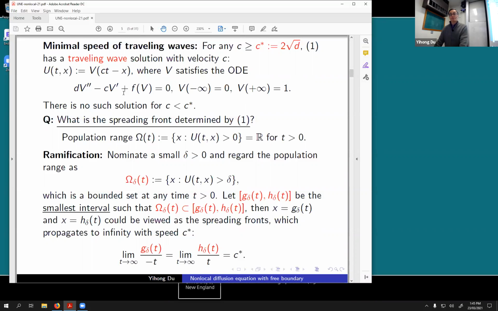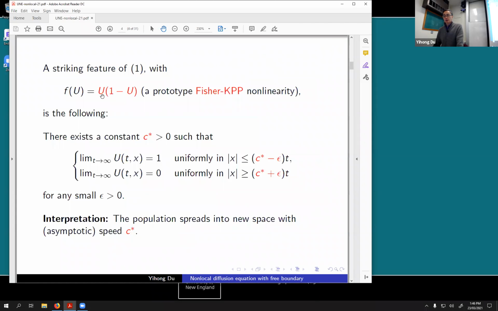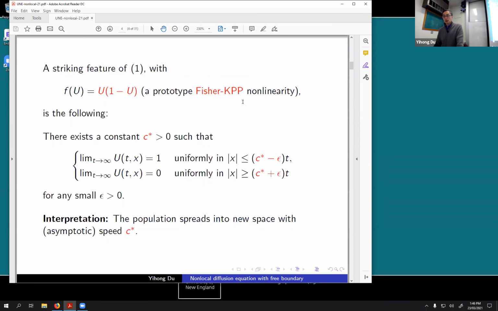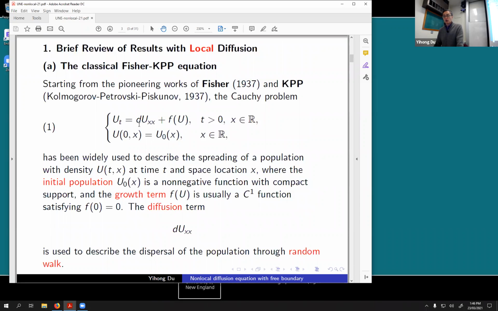Well, you can solve it for very general F. So for this particular F, the quadratic function, the Fisher nonlinearity, they can determine this C star through looking for these kinds of solutions. C star is just 2 square root of D. So D is this diffusion coefficient here.